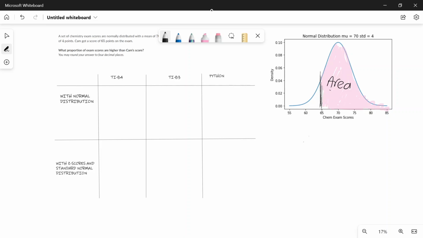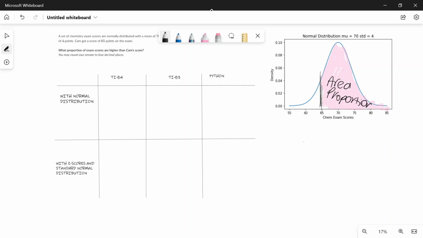That is the proportion. Area and proportion are the same thing that we're trying to find. Did I spell proportion wrong? Yes, I did. What the heck? Proportion that we're trying to find.